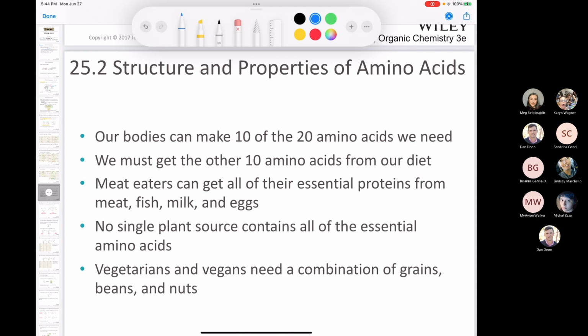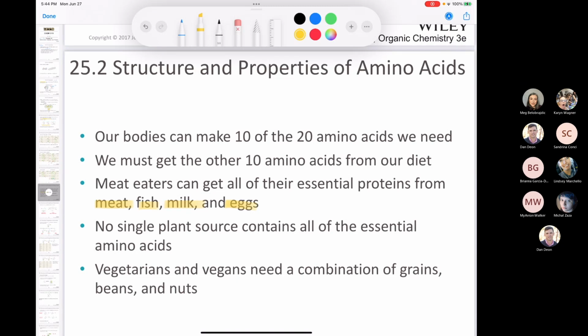So you might have heard of essential protein or complete protein sources. Complete proteins are foods that contain all 20 naturally occurring amino acids. Examples of complete protein would be things like meat, fish, milk, eggs. Those have every bit of amino acids that you would ever want.